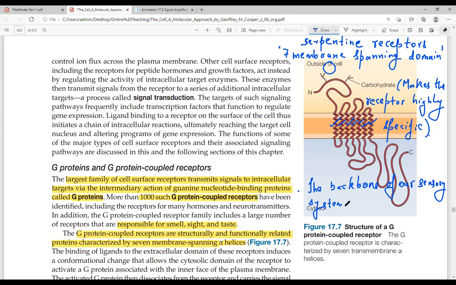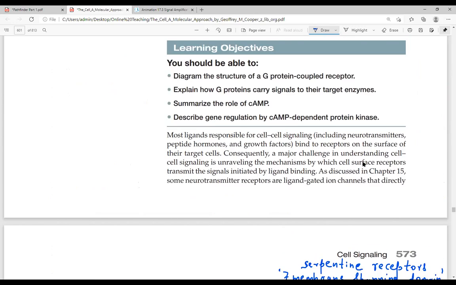In the absence of GPCRs, we wouldn't be able to smell anything, taste anything, touch anything, or feel anything. So all our five senses of touch, taste, smell, and vision are based upon GPCR molecules.